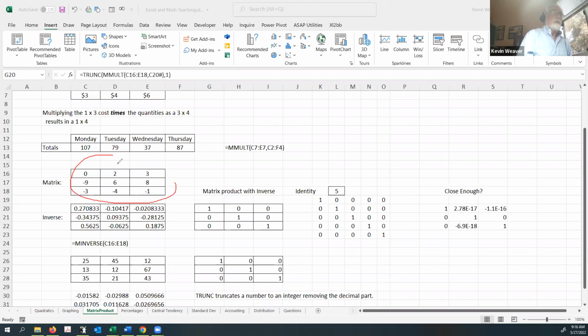That's this one. And multiply it by, using matrix product, the inverse, which is this one. Because it's dynamic, if I show you the matrix inverse, the formula is in the C20 cell.